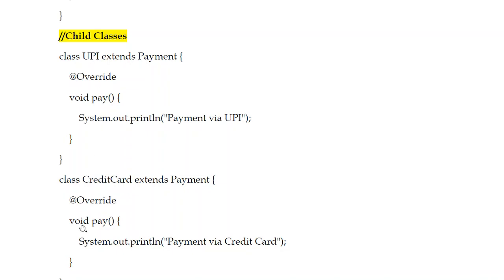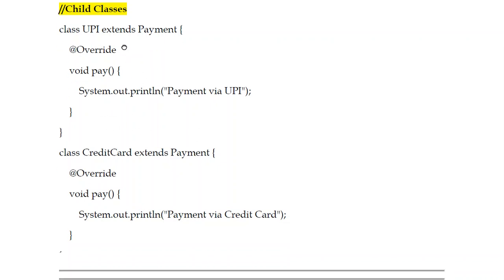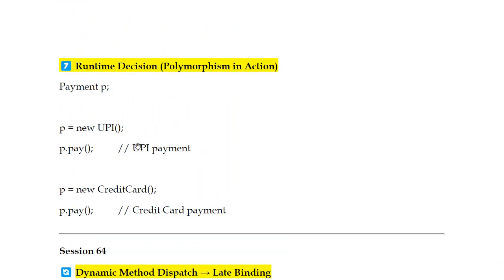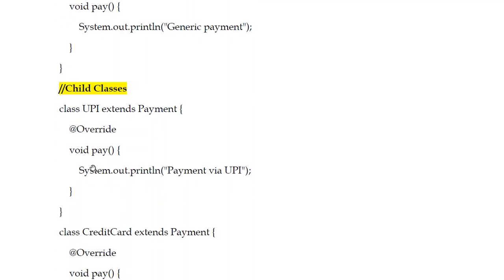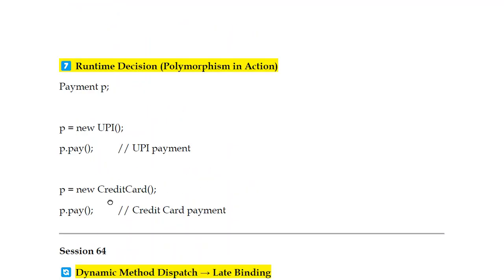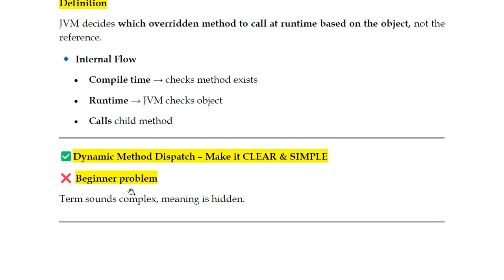Based on the UPI object, the UPI overridden pay method will be called. Output is payment via UPI.